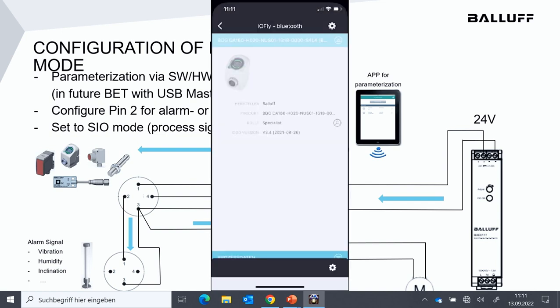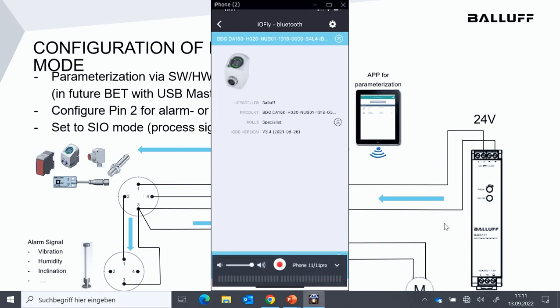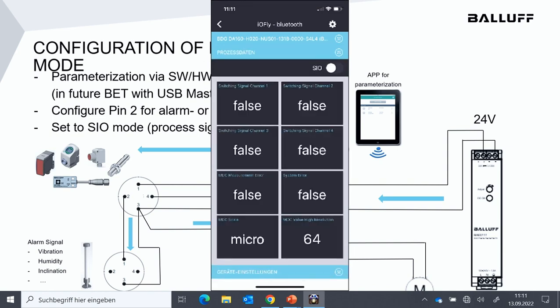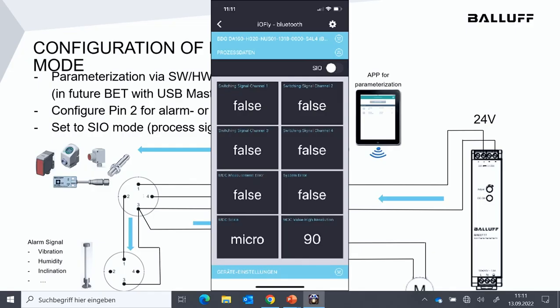So here we are. The device detected our BDG, and the first thing we can do is go to the process data, and we see all the information about the process data, like the actual value, for example, displayed or monitored directly in this unit.